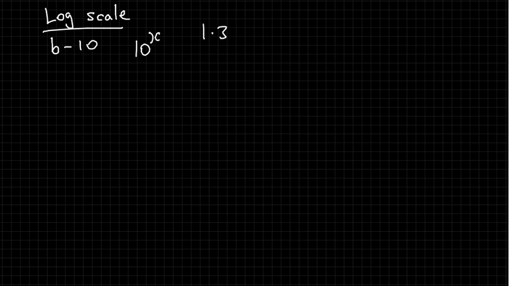So we've got 1.3 times 10 to the negative 3. Let's say this is the current of something, so it's going to be a microamp. This is an amp, and we can represent this as 1.3 milliamps. Sorry.